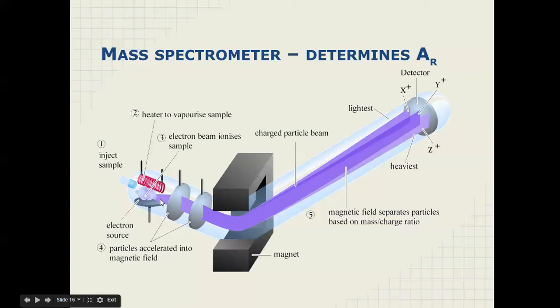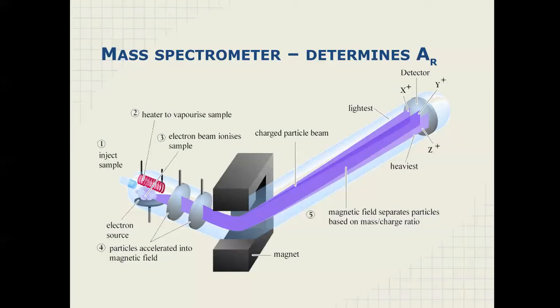We can heat a sample of an element, let's say, and that element is going to be composed of different isotopes. We vaporize it, we give those particles a charge, and we start pushing them through the mass spectrometer. There's a magnet in the mass spectrometer which causes these atoms, these ions, to be bent.